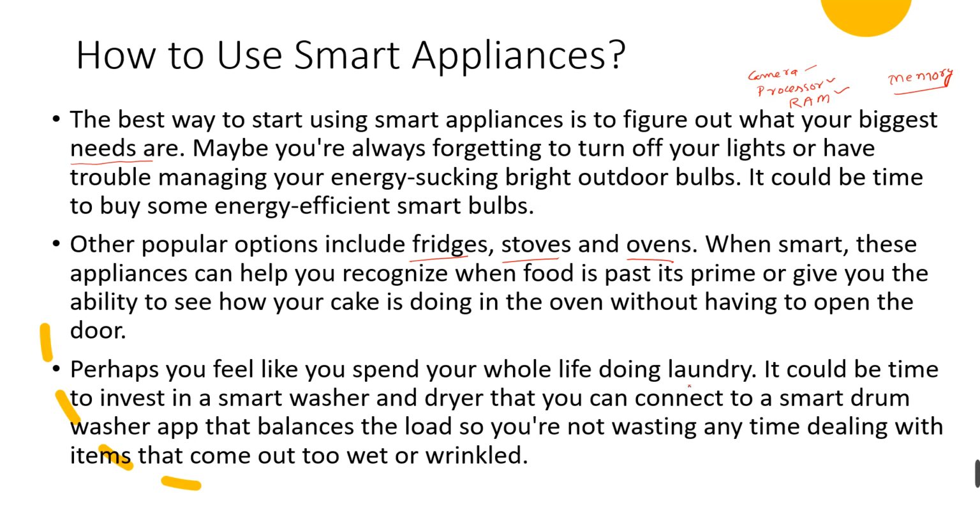Another example: suppose you feel like you spent your whole life doing laundry, so you can purchase a smart washer and dryer. This smart washer and dryer can be connected to a smart drum washer app.